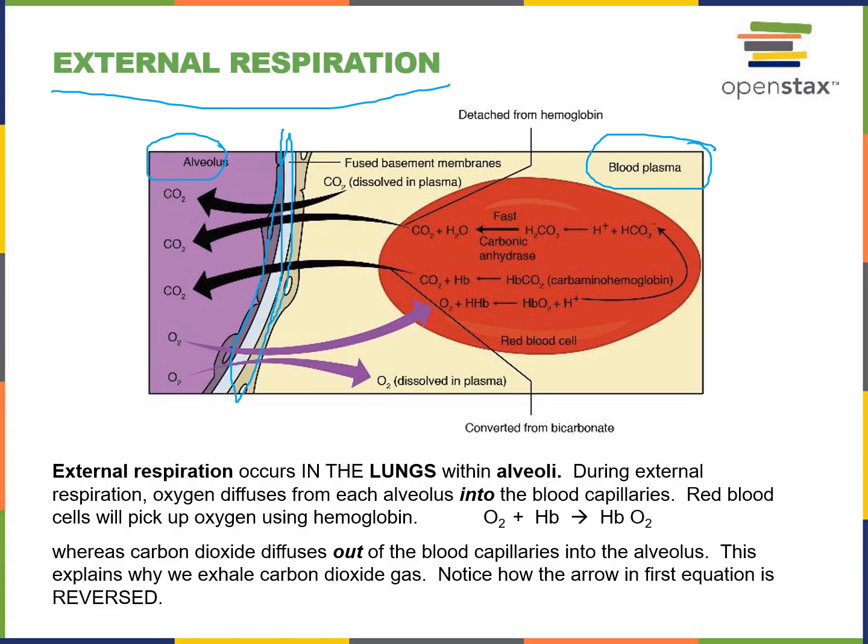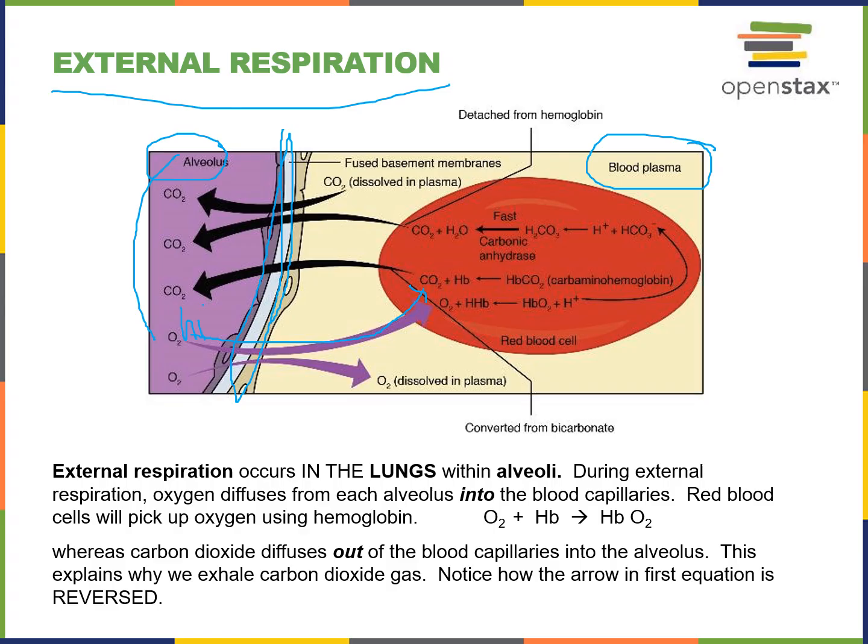So oxygen, obviously, in the alveoli needs to diffuse out and go into the red blood cell. That's easy enough because it's done by a concentration gradient, right? High to low, high to low.